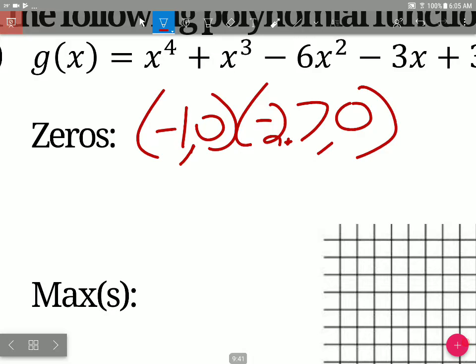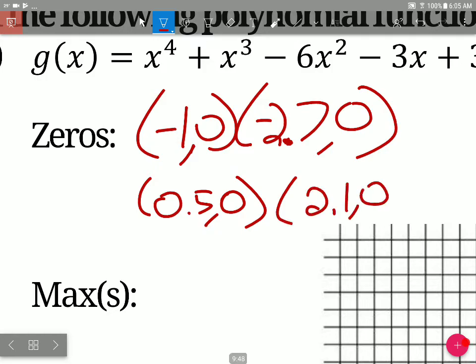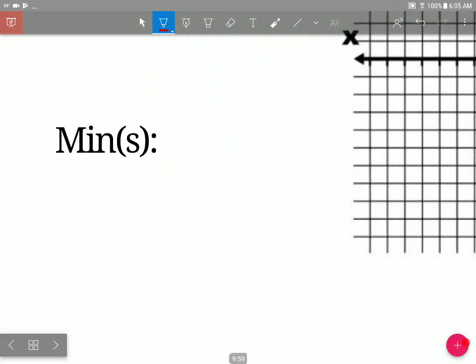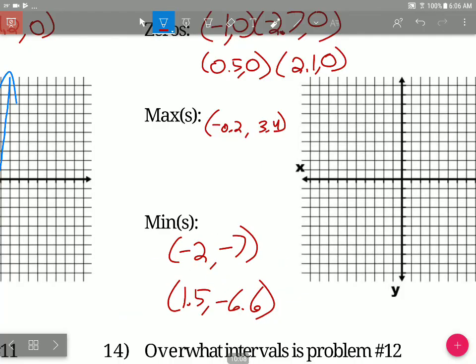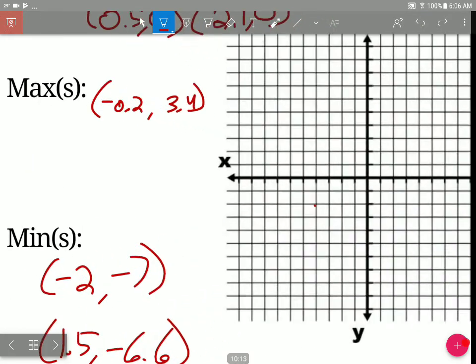We've got 0.5, comma 0, and 2.1, comma 0 as our zeros. Your max is at negative 0.2, comma 3.4, and your minimums are at -2, -7, and 1.5, -6.6. Okay, yeah, you can't graph it with quite that much accuracy, but you can at least get close.